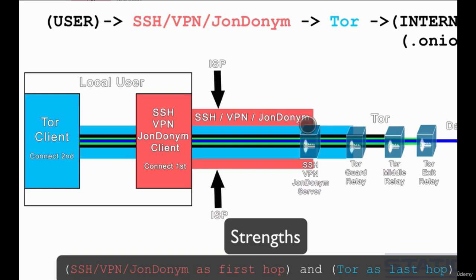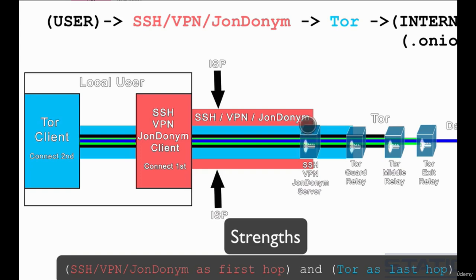And lastly, the VPN provides SSH or VPN Jondonym. There are some other options without a single hop or second hop or last hop. Between them, there are also some other options by using ISP.